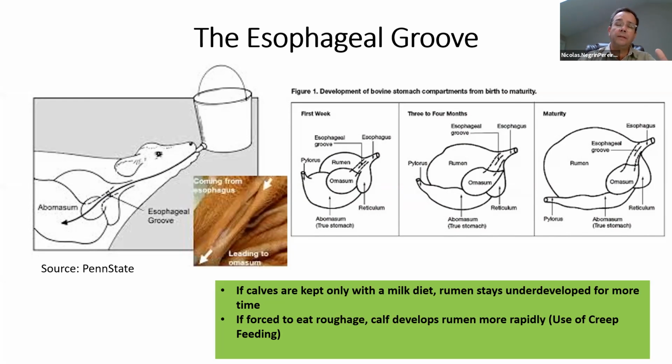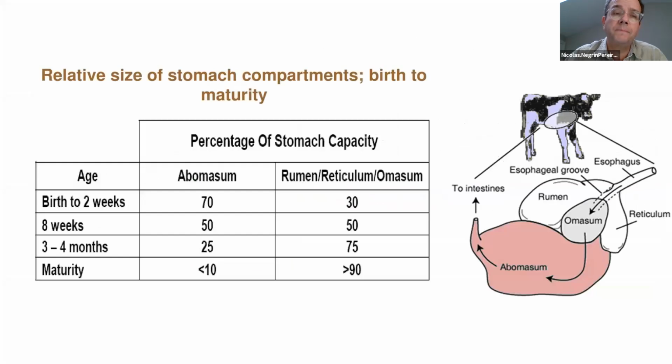So we start lowering the milk in the diet and providing highly digestible solid food, normally high protein feed. So the calf will start eating more of that solid diet and drinking less milk from the mother or from the milk substitute we provide.